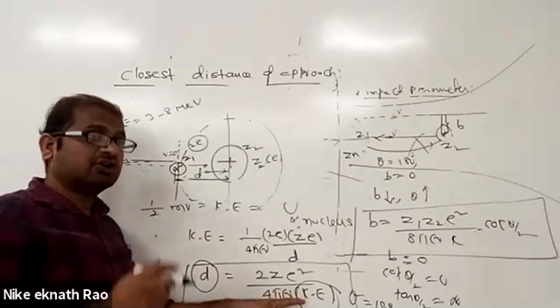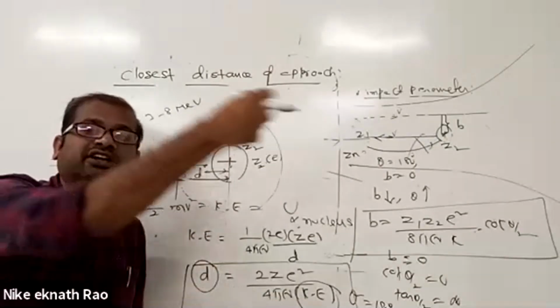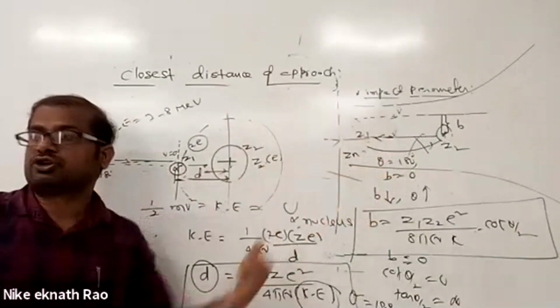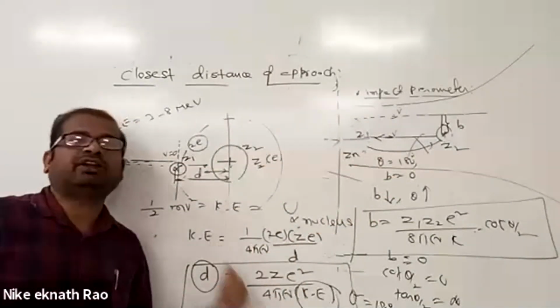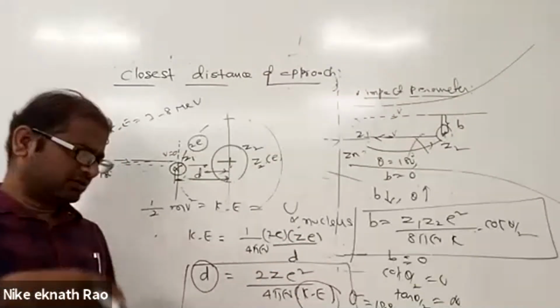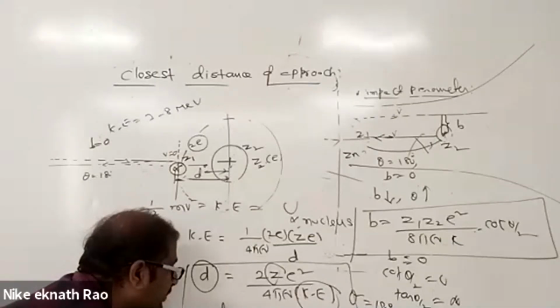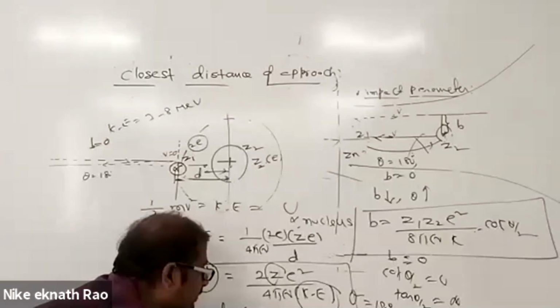Sometimes they will compare: if the kinetic energy is increased, find the new closest distance of approach. So d is proportional to 1 by K, and d2 by d1 equals K1 by K2. Or sometimes they will compare two nuclei. So the closest distance of approach is proportional to Z by kinetic energy.